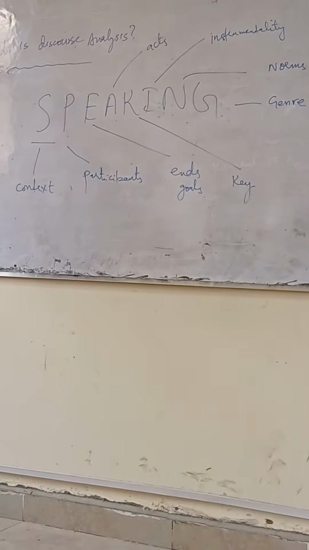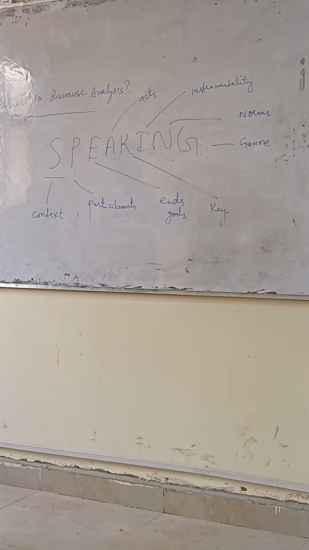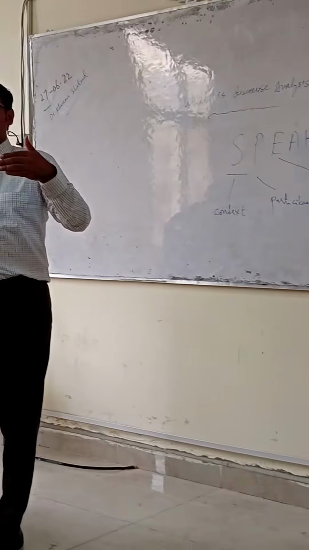These are the 8 characteristics, okay, which are supposed to be there in a discourse.